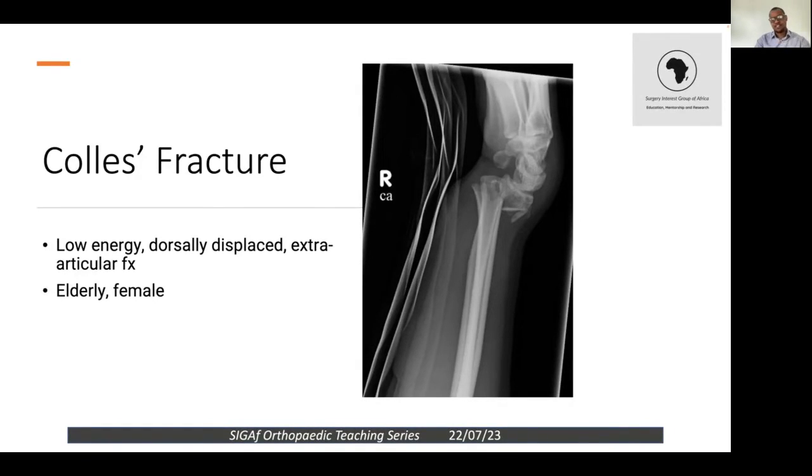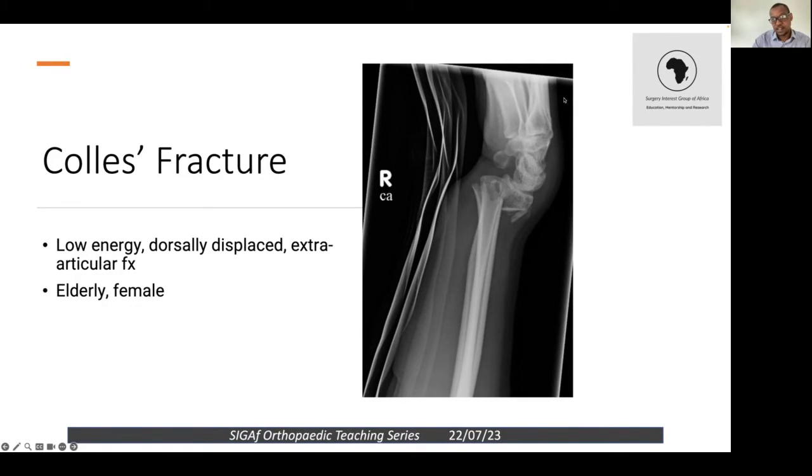Just some simple fractures that we will come across and that have been eponymously described in the past. We know the Colles fracture is a low energy, dorsally displaced, extra-articular fracture. So it's a fracture which is not involving the joint, usually common in elderly females. Again, dorsally displaced. First thumb.